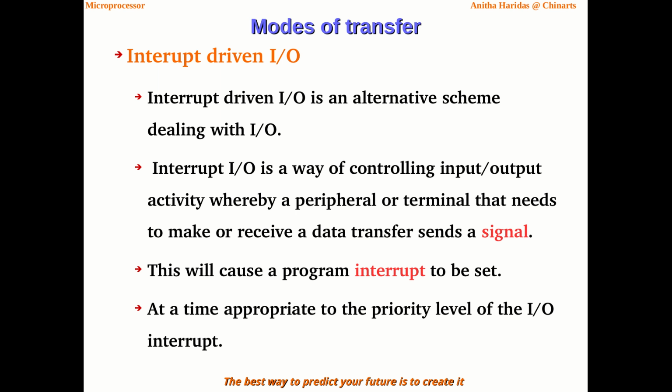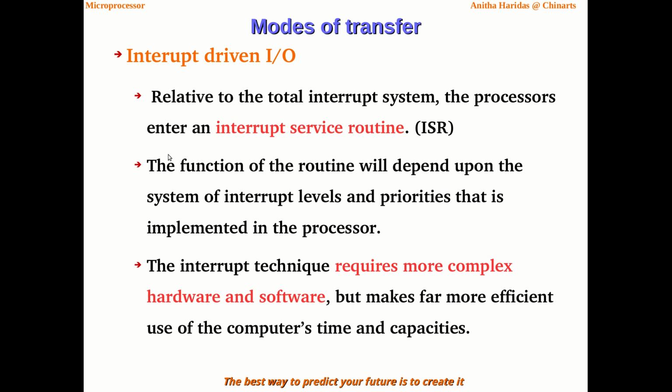Suppose there are 3 peripheral devices and all 3 are simultaneously sending the interrupt signal, then based on the priority of the input output device, the input output interrupt will be handled.